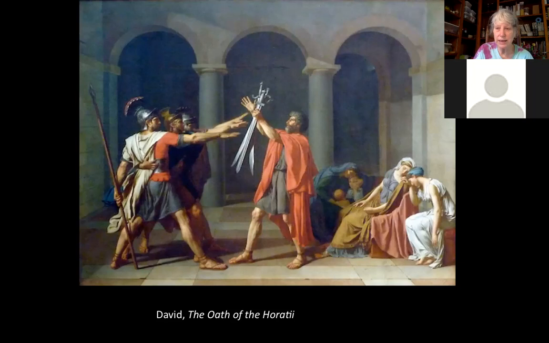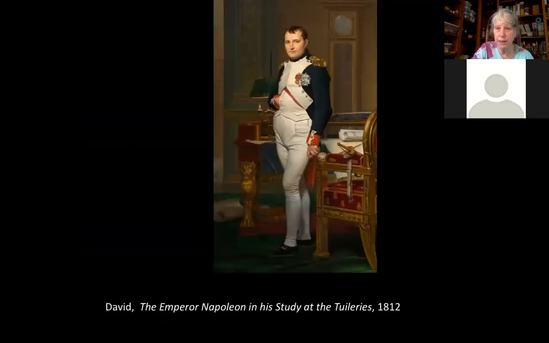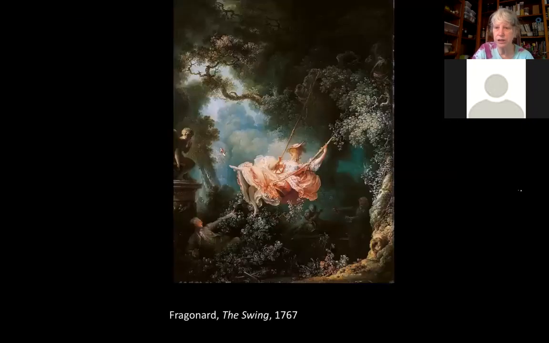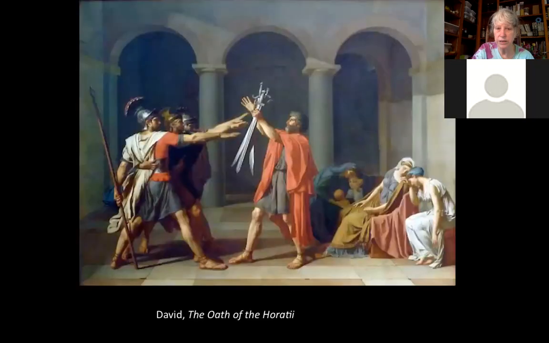So why is this an example of good patriotism to David? Well, it's the opposite of the lack of patriotism of the French aristocracy, who are just leading these silly lives of affluence and excess and idleness. Whereas the Horatii are in a very stripped down space.